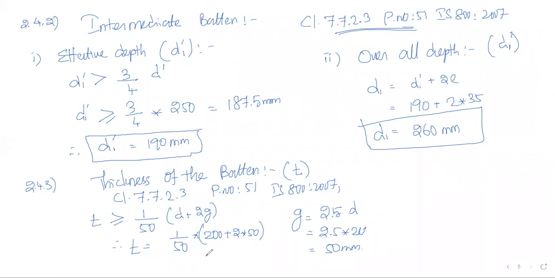So 300 divided by 50 becomes 6 mm. Therefore, T is equal to 6 mm. Minimum we have to provide thickness T equal to 6 mm. That I will mention in the diagram.